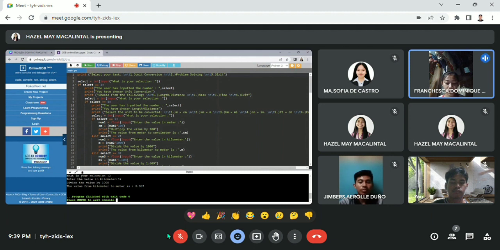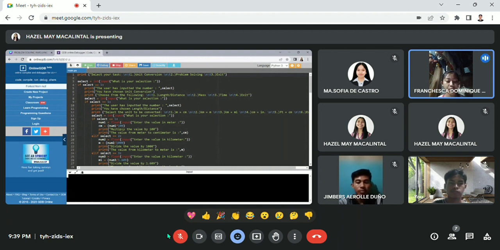If the user selects option 3, kilometer to miles, the program prompts the user to enter a value in kilometers. It then converts the value to miles by dividing it by 1.609 and stores the result in the variable miles and then prints the result.